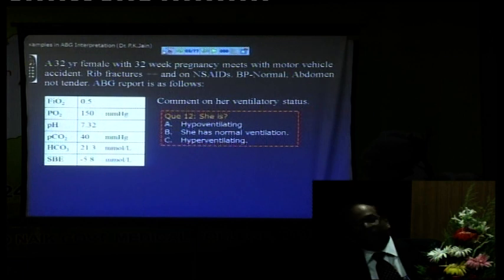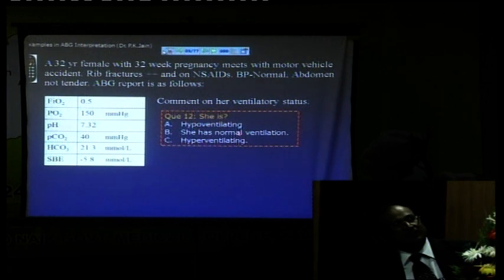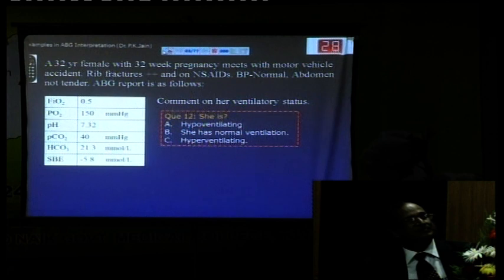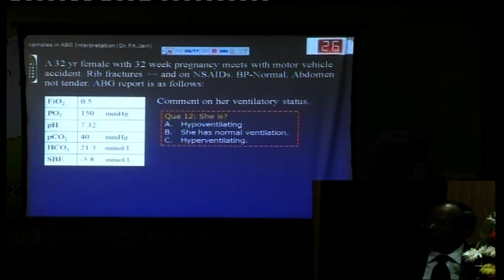Now, the same patient that we had, pregnant female, PCO2 is 40. Question is, is she hypoventilating, normal ventilation or hyperventilating? Audience response. So we have to compare with normal. Is it normal for her? Is it abnormal?